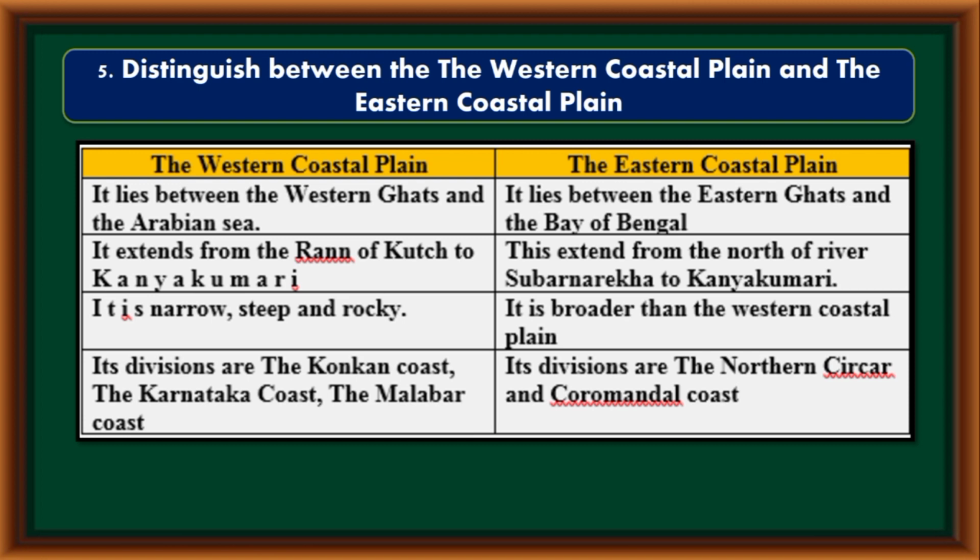The Eastern Coastal Plain extends from the north of river Subarnarekha to Kanyakumari. The Western Coastal Plain is narrow, steep and rocky. The Eastern Coastal Plain is broader than the Western Coastal Plain. The divisions of the Western Coastal Plain are the Konkan coast, the Karnataka coast and the Malabar coast. The divisions of the Eastern Coastal Plain are the Northern Sarkar and the Coromandel coast.